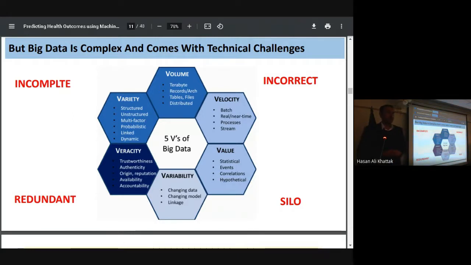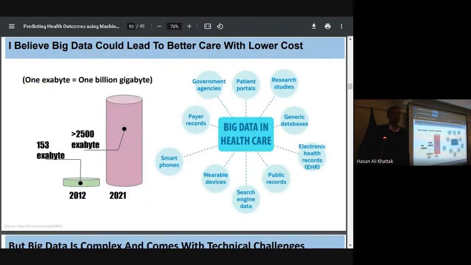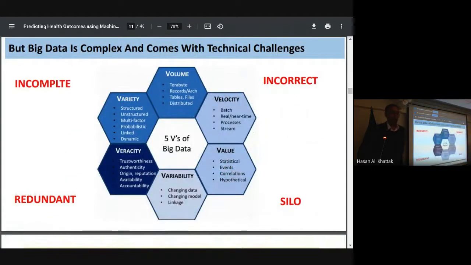And when I say that big data could lead to better healthcare at a lower cost, we cannot get these lower costs with better care until we are able to solve known and some unknown technical challenges relating to big healthcare data.